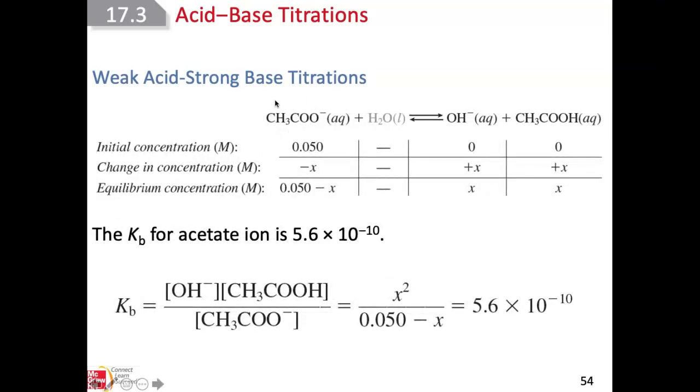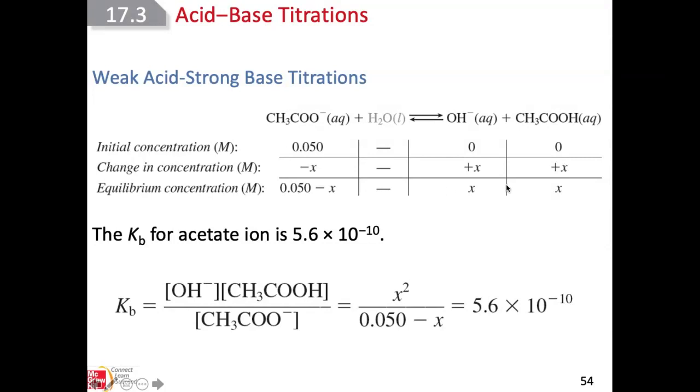So then you have a base, and the base will react with the water. As a base, it has to take H plus from the water, accept a proton, and will form this acid back and OH minus.